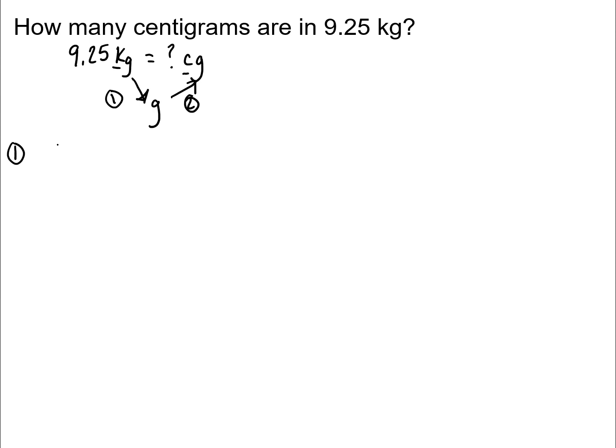The first relationship we have to establish is kilograms and grams. If I have 1 kilogram, I can look up that K for kilo, and it means 1,000. So I have 1,000 grams. These are my unit factors.